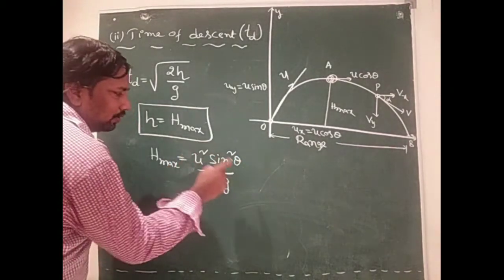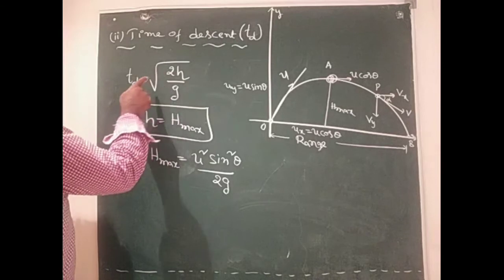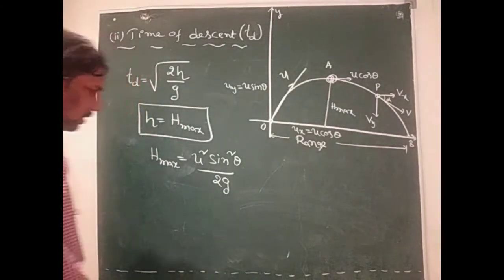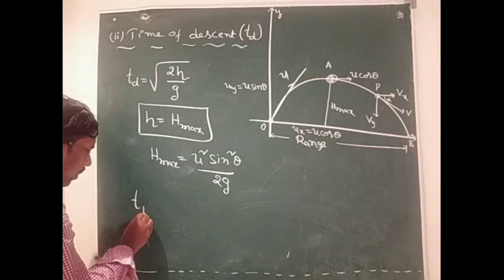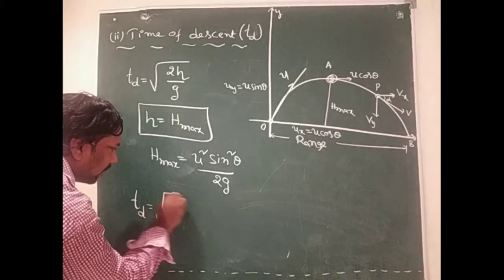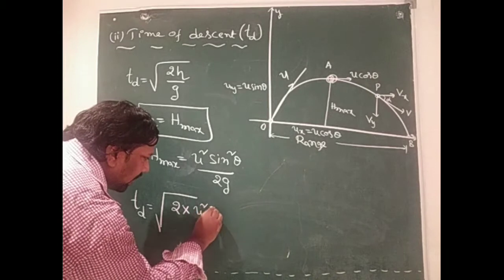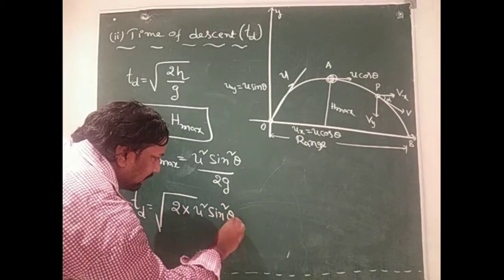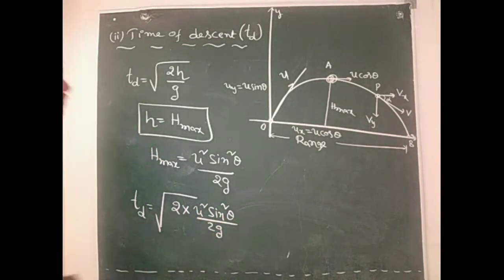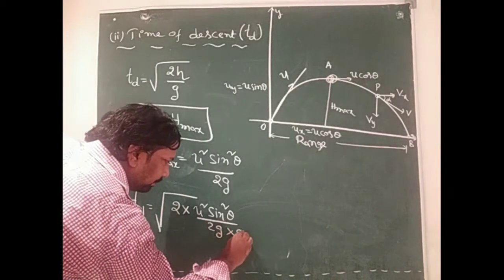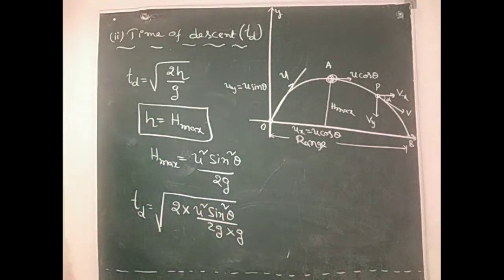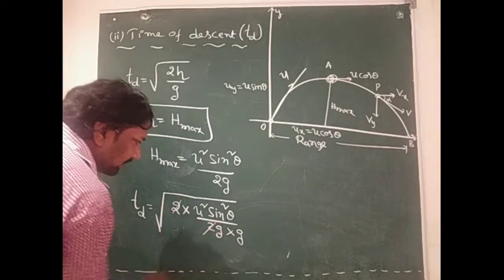So now this value is substituted in the above equation. Therefore T_D equal to root over 2h, h maximum means u square sin square theta by 2g, into g. Here 2 cancel.